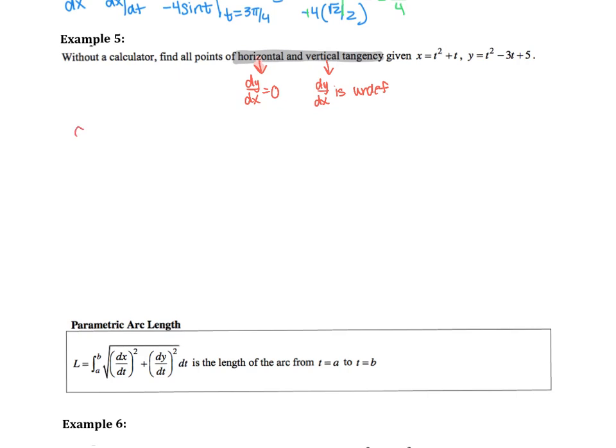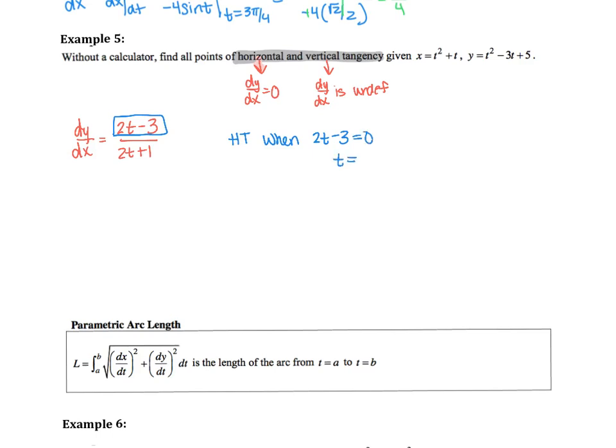So dy/dx equals dy/dt over dx/dt. dy/dt is going to be 2t minus 3. dx/dt is going to be 2t plus 1. Now for a horizontal tangent, that's going to exist when my numerator equals 0, so long as my denominator doesn't at that point.